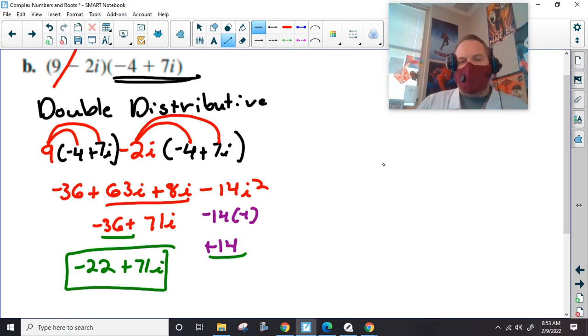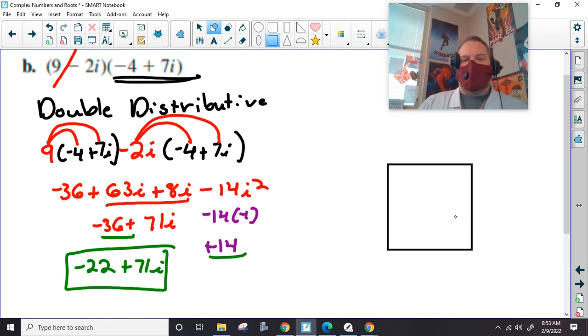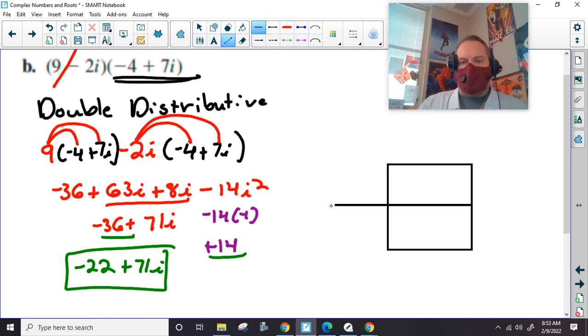Now, the other method is what a lot of people call the box method. Some people may remember, some people may have bad memories of it. Totally understand.